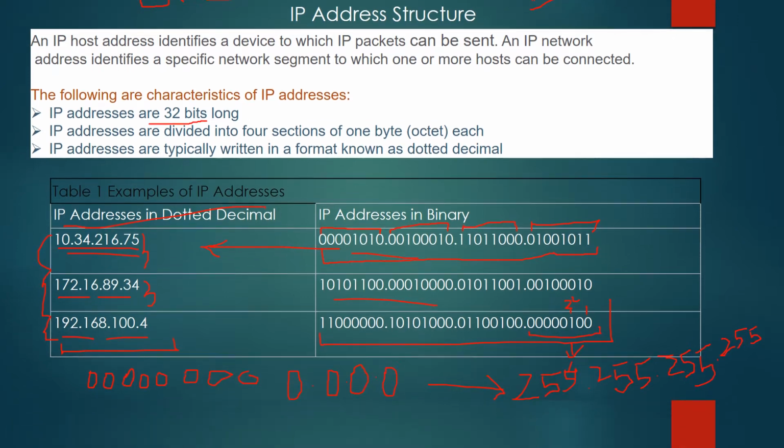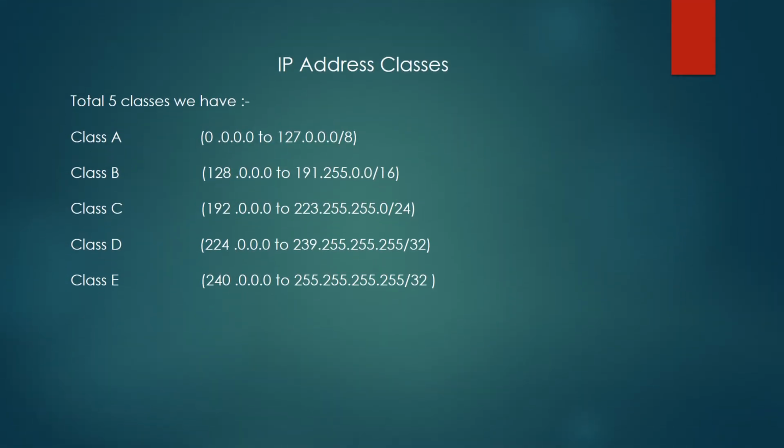In this section, we are going to have a very quick roundup. We are going to see what classes we have in IPv4 addresses. IPv4, as I told you, is going to start from 0 and go up to 255.